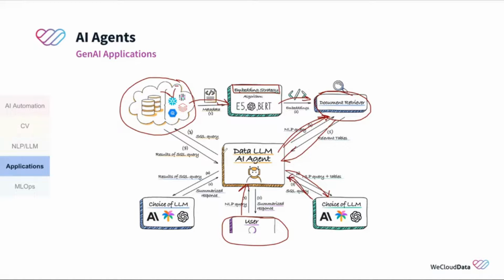And the agent is going to be able to submit the query to the database and get the results of the SQL query. When it gets the results, it needs to send them to another large language model and say, well, can you summarize the report and answer the question here? And that's how the whole thing works, right? And you're dealing with different LLMs or even the same LLM multiple times. But this agent tool is supposed to understand how to do that.